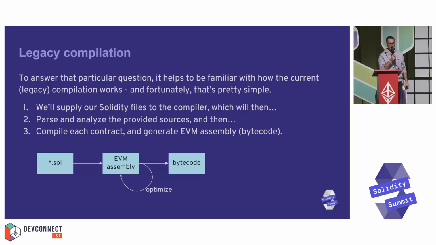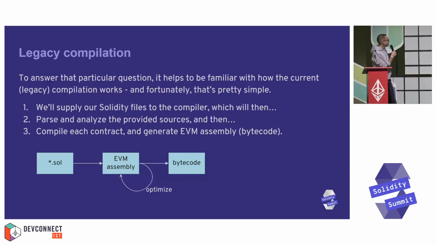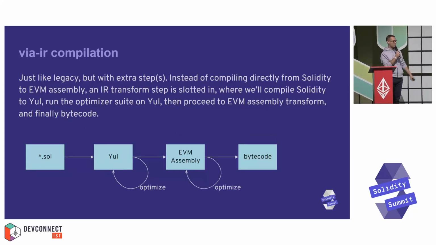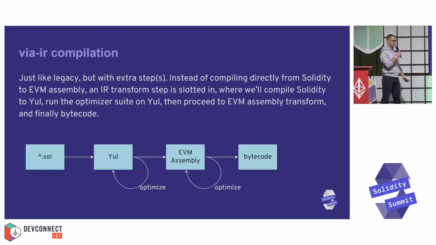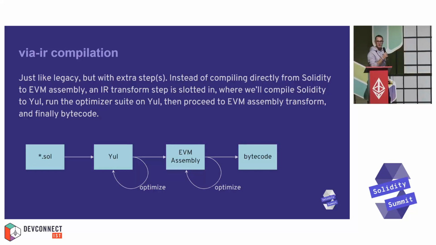Now, the via IR pipeline is on a high level not much more complicated. As you can see, it's a flowchart with 4 boxes instead of 3. So instead of compiling directly to the EVM assembly, it will compile to YUL, have the YUL optimizer run, then it will just keep going like it did before in the legacy pipeline with the EVM assembly transform and the EVM assembly optimizer.